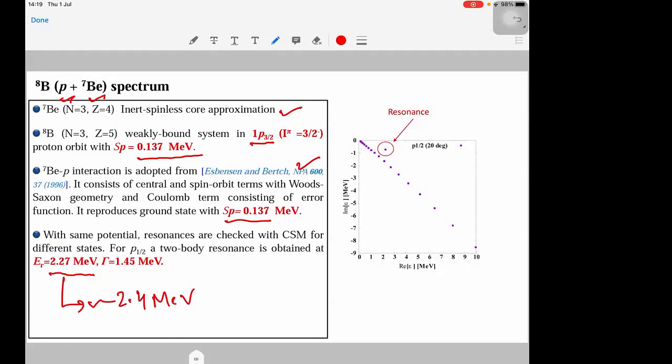So now I would like to say that in the absence of core spin, which is 3/2 negative, if it couples with the spin of the valence proton, the possible states are 0+, 1+, 2+, 3+.